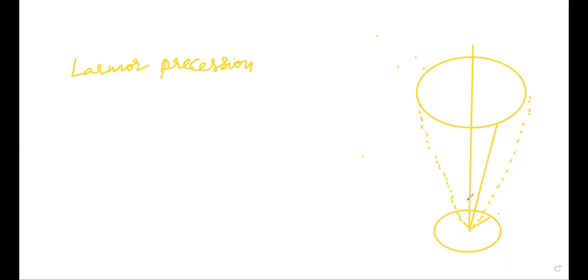So this is angle theta. This is the direction of magnetic field. This is the magnetic moment, the orbital magnetic moment. This is angle theta.